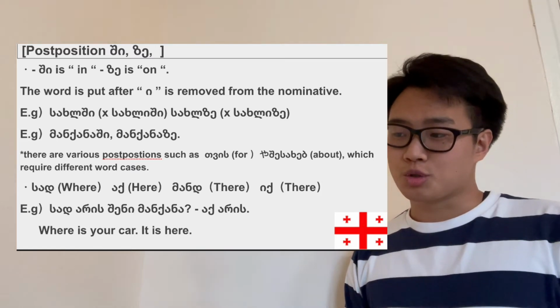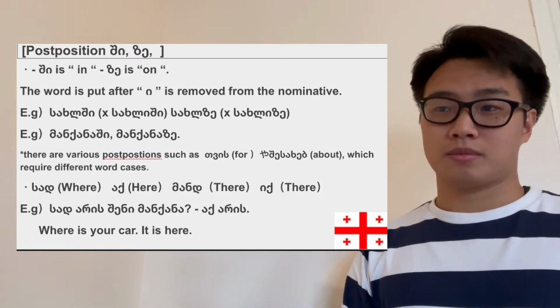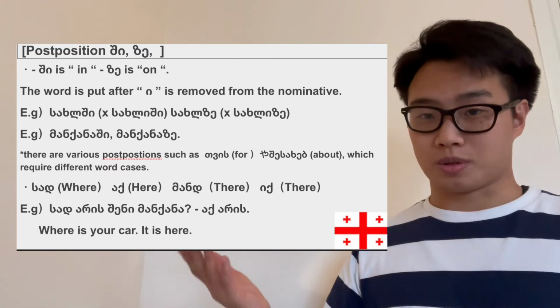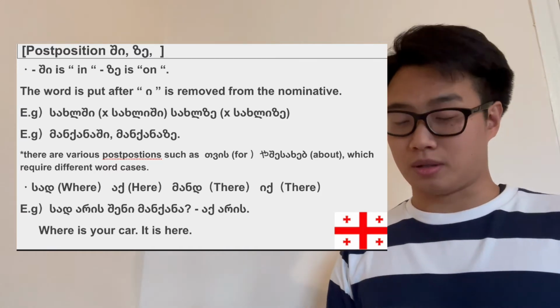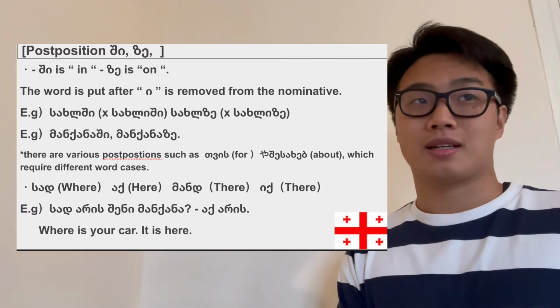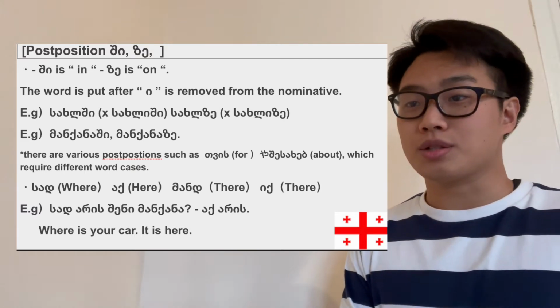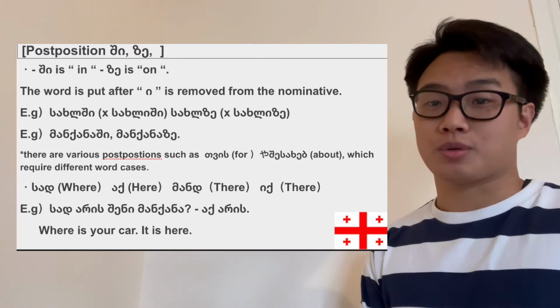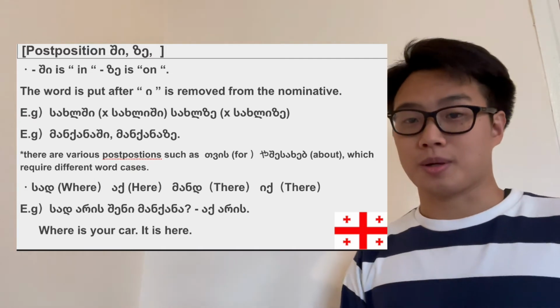And Georgian has various postpositions other than shi and ze. For example, meaning like for in English, or shesakheb, it means about something, right?